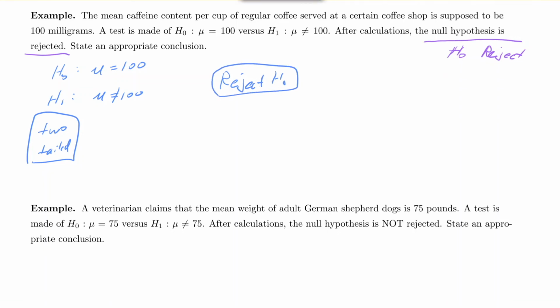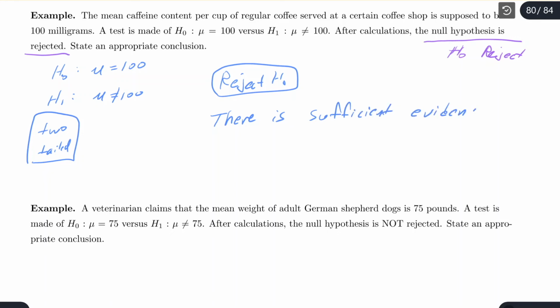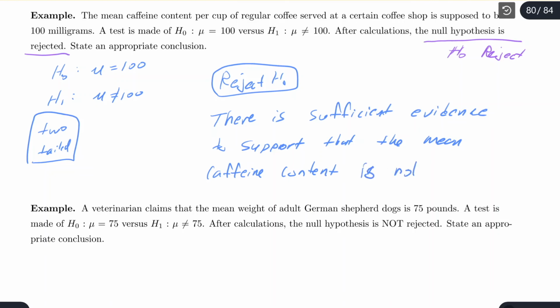That means there is sufficient evidence, or you can also write enough evidence, to support that the mean caffeine content is not 100 milligrams, or not equal to 100 milligrams.